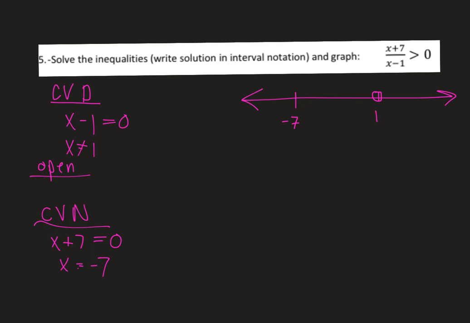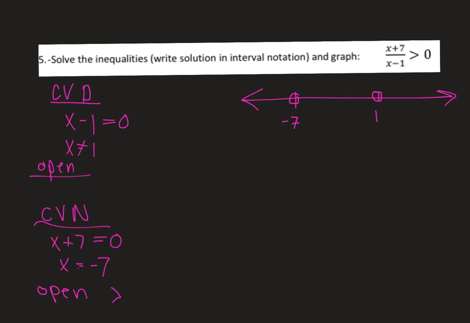And here we need to decide, am I putting this circle on the number line open or closed? In this case, I'm going to put it open because I have an inequality sign that is greater than, and it does not say equal to. It is just greater than. If you have greater than or less than, we will put that on our number line as an open circle.